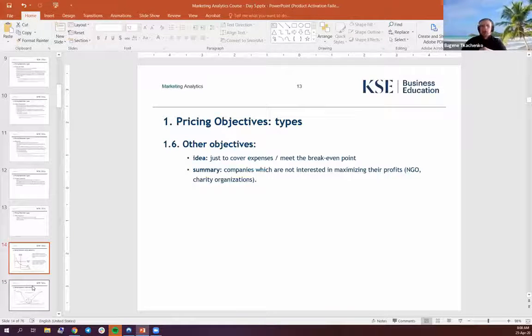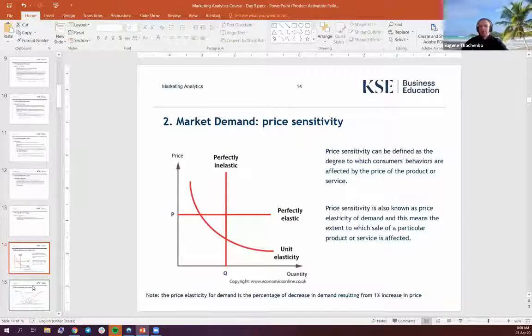So then we start talking about the second part of our pricing policy guide, called market demand. Market demand is a very interesting topic because we may consider market demand as a very generalized, very generic number of total goods and services available on the market.